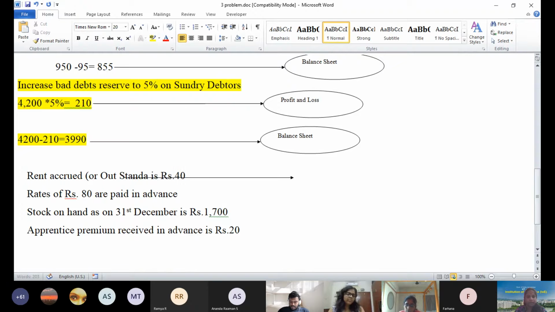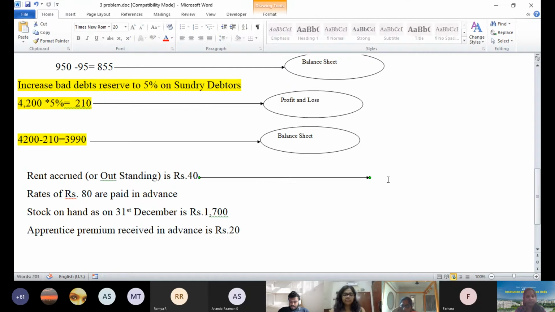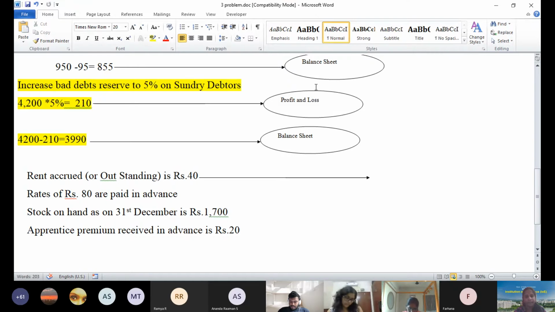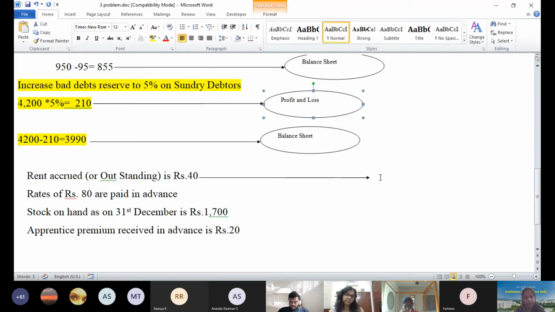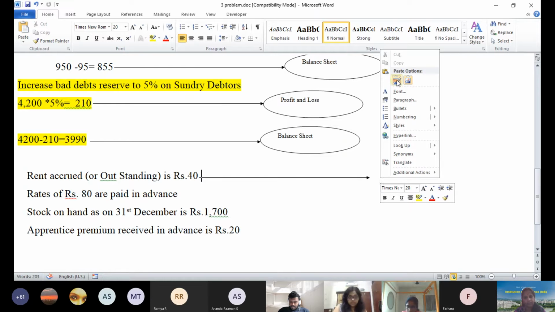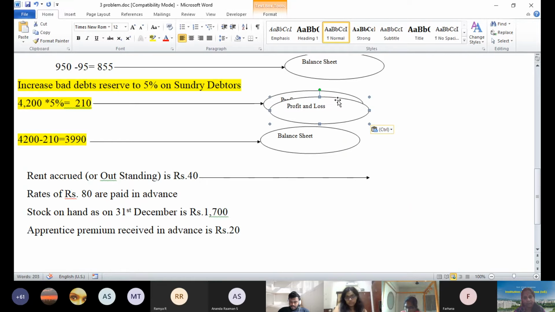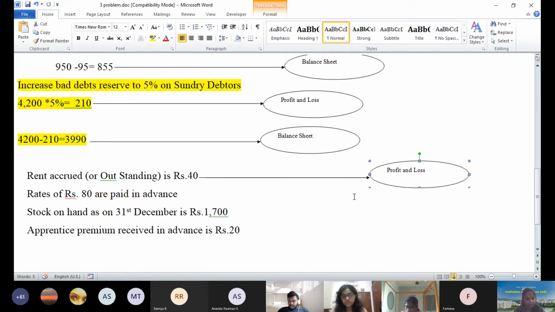Guys, all these are your gist. You have learned it in the 17 pages. It is there in the 17 pages of your final accounts as well as in the first page. Yeah. So rent outstanding is in the profit and loss account, and that is where all these outstandings will be carried. That is also another important aspect. So this has to be there.